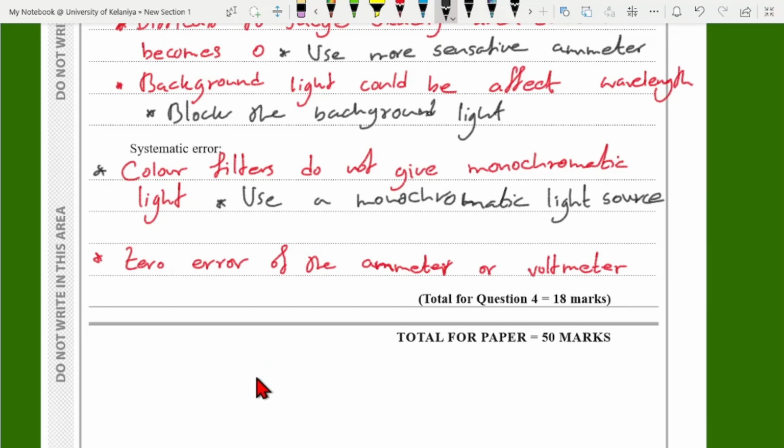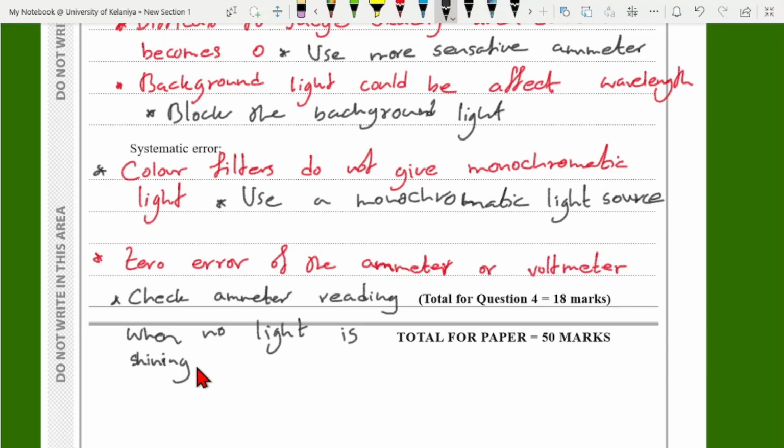Check the ammeter reading is zero when no light is shining, or check the ammeter or voltmeter reading when no light is shining, right?